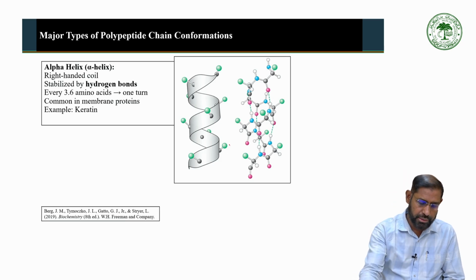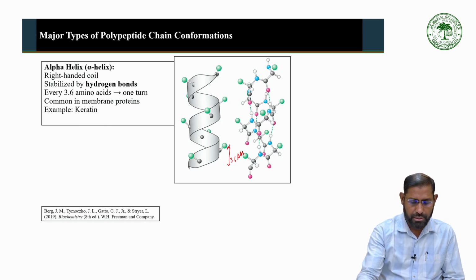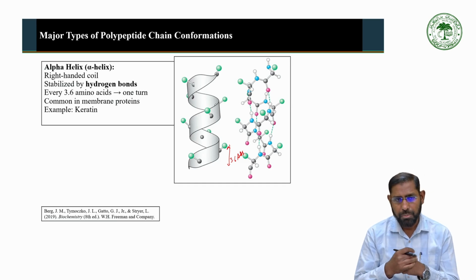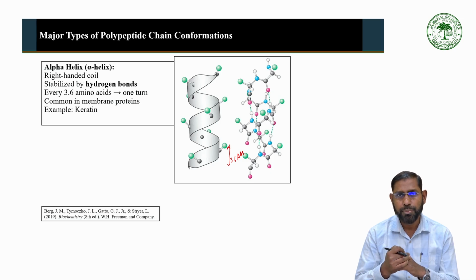If you consider this one turn, there are 3.6 amino acids in one turn of the helix. The alpha helix is very common in membrane proteins, and one example here is keratin.